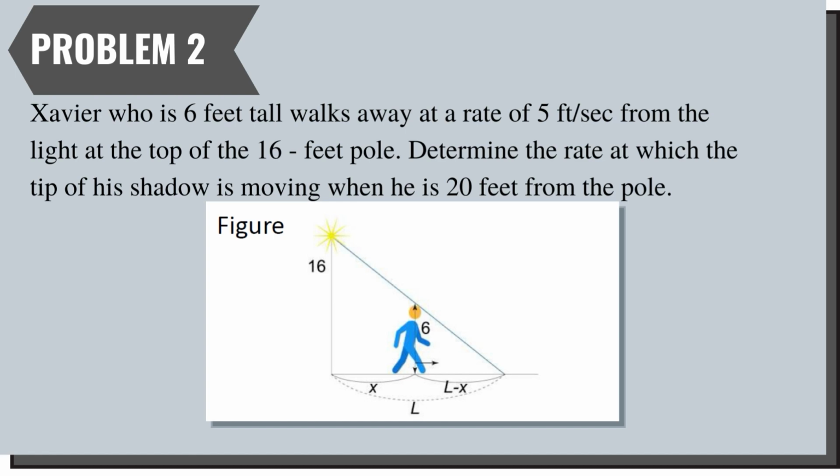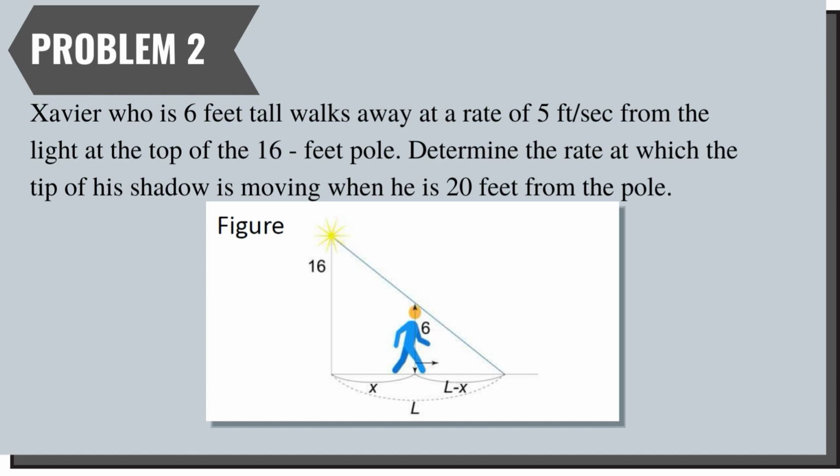In the problem, the height of the pole and Xavier are given, which are 16 feet and 6 feet respectively. And the rate at which Xavier is walking away from the pole or light is also given. Then, we are asked to find the rate at which the tip of his shadow is moving when he is 20 feet from the pole.